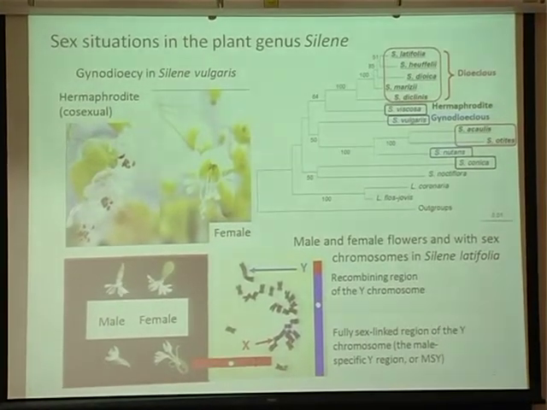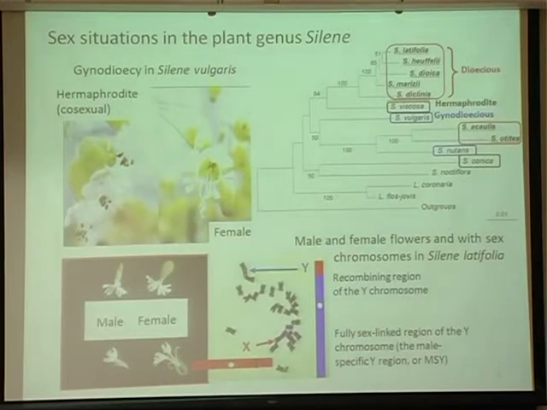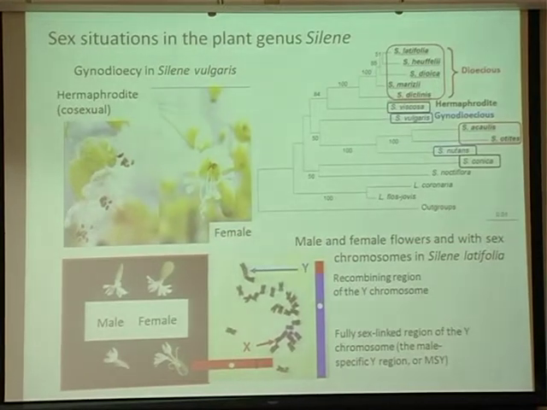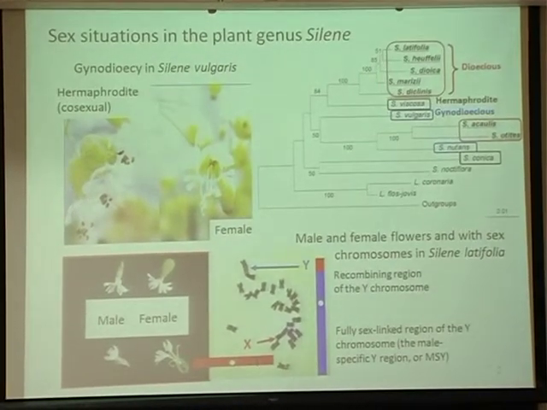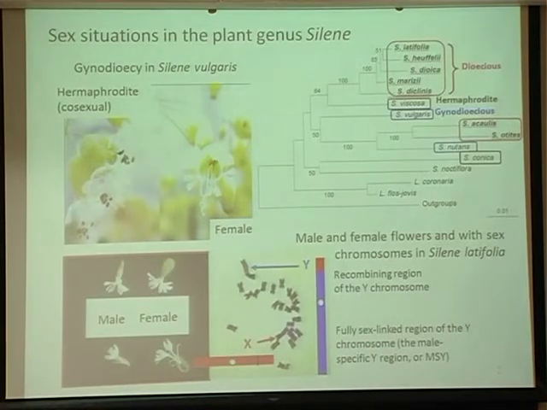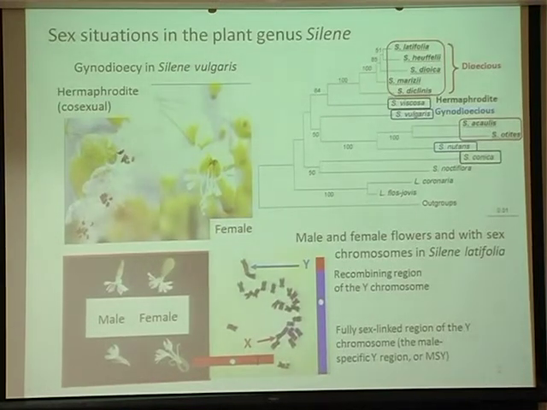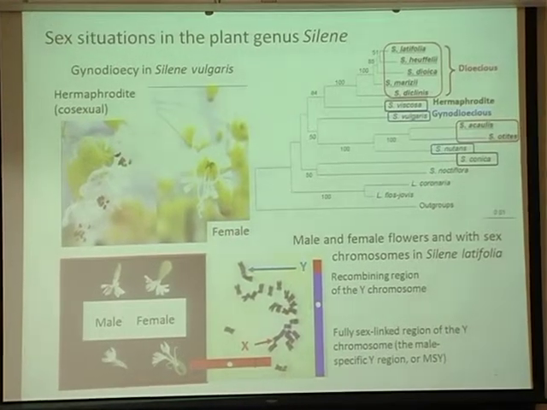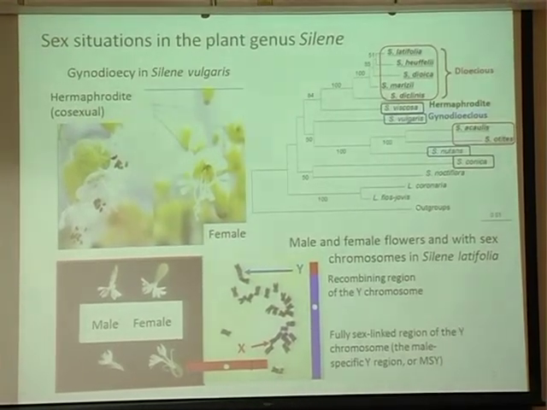In a plant, I will again concentrate on plants because these kinds of evolutionary transitions have occurred many times in plants and many times in animals too, but the most familiar animals to us, like ourselves and Drosophila, made this evolutionary change from whatever was their ancestor to having separate sexes very long ago. They have a long ancestry of having separate sexes, and so we can't study the evolutionary change.